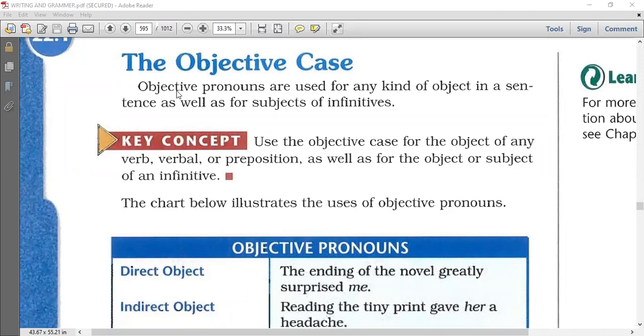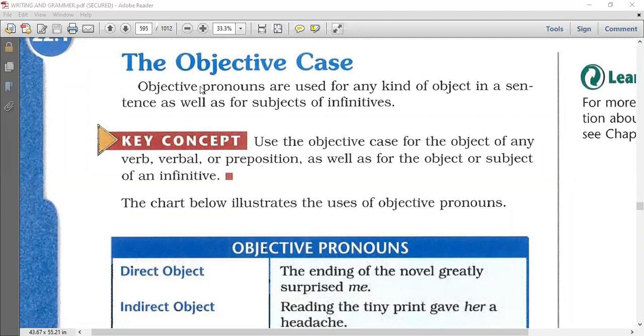Like, she having finished her session, the students left quietly, if you remember. The objective case, when the pronoun is the object, and we have 2 types of objects here, the most famous ones: the object of a preposition, or the normal object.